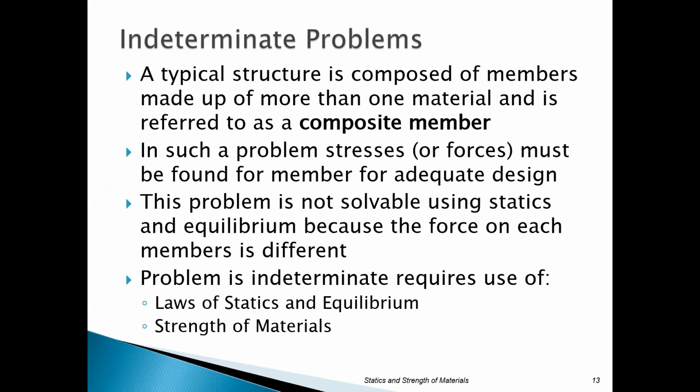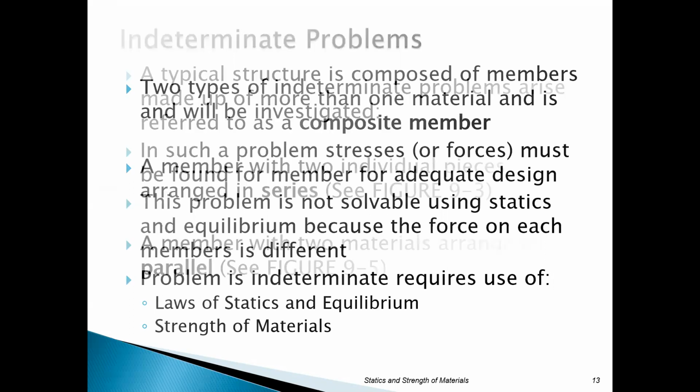Because of the different materials within that member, different E's, different alphas, those forces are going to develop differently. So these problems become indeterminate because you can't just solve them using statics alone. But when you combine the laws of statics and equilibrium with the laws of strength of materials, then they become solvable at that point. So we're going to take a look at some of these.